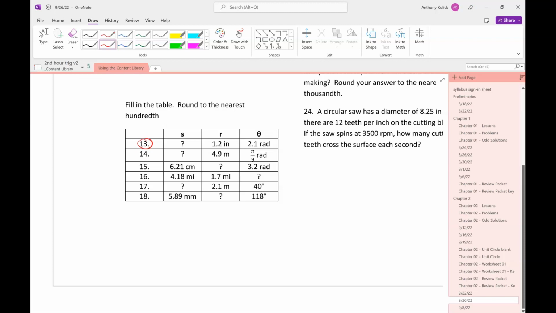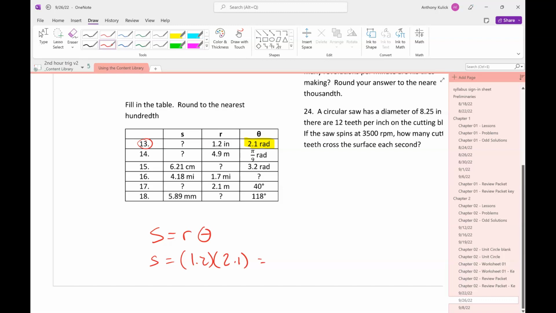So first thing I'm going to do is look at what unit theta is given in. Since it's in radians, I'm going to use the radian version. So we're told that we don't know what S is. We're told R is 1.2 and theta is 2.1. So I just plug it into the formula and type that into my calculator and bingo, bango, bongo, we're donezos.